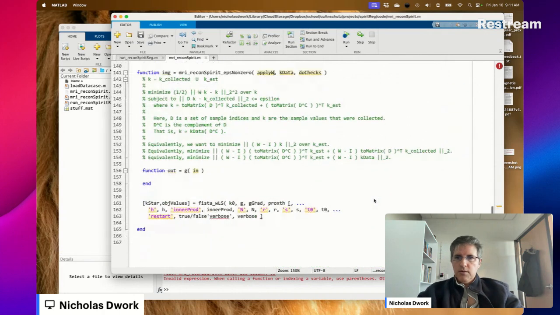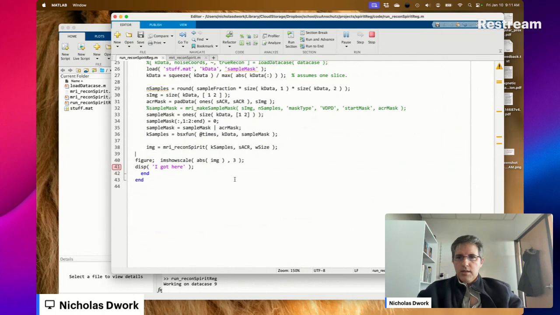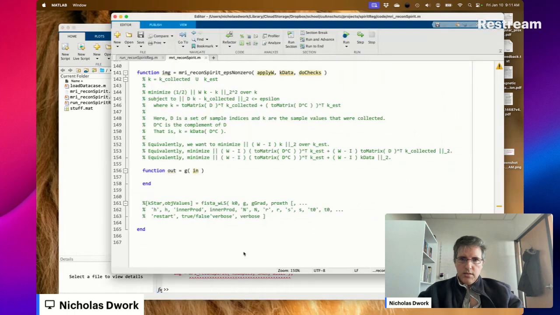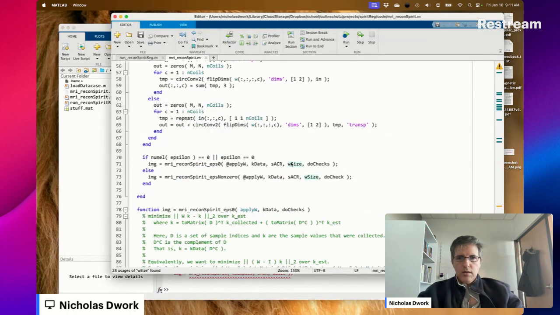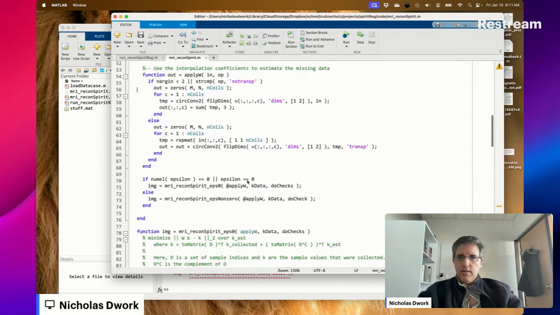There's a bug on line 161. Oh, of course there is. Let's see if that still works. No. Too many input arguments. M is undefined.